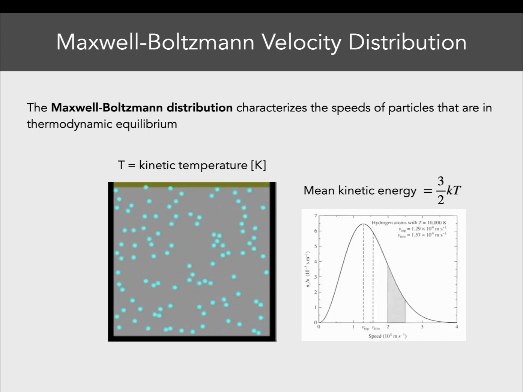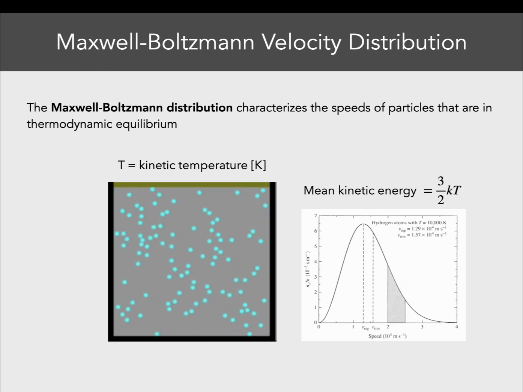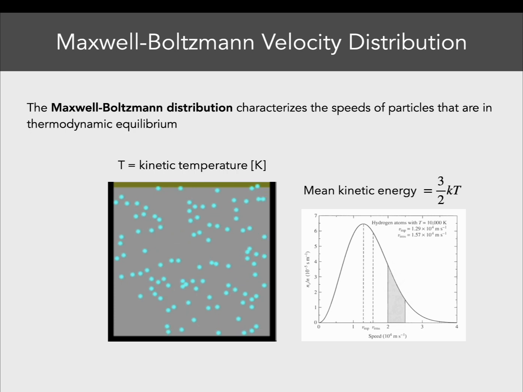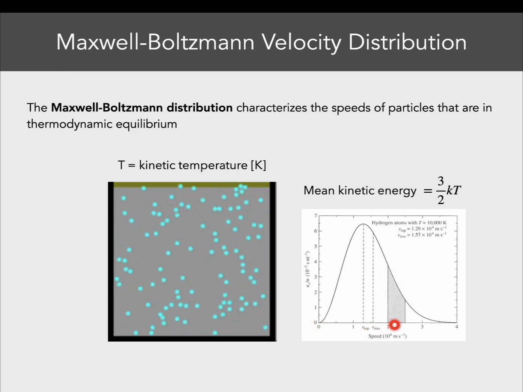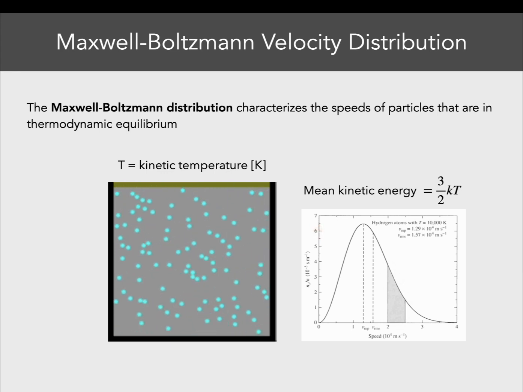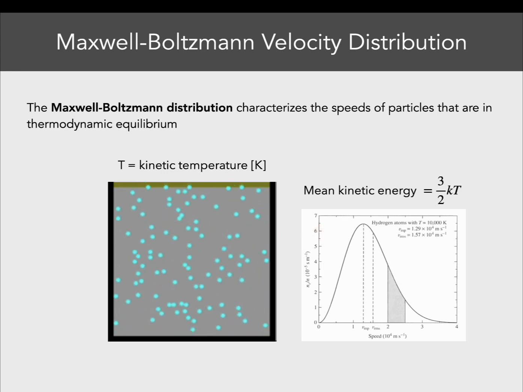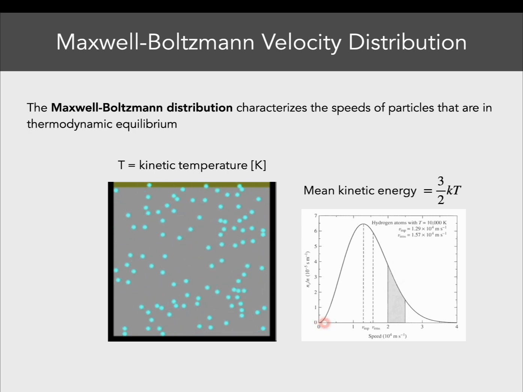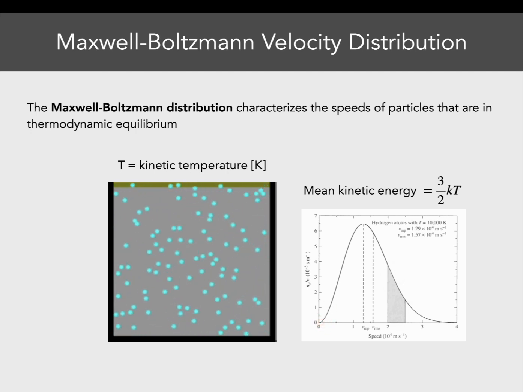Here's a graph of the number of particles that are at a given speed in this kind of system. On the horizontal axis is the speed, and on the vertical axis is the number of particles at that speed. Very slow particles are over on the left-hand side, and there aren't very many of them.